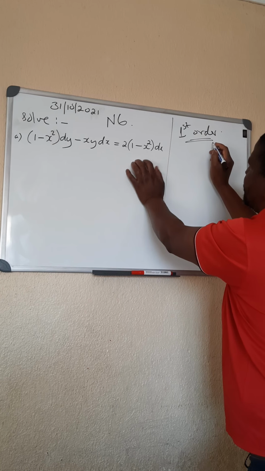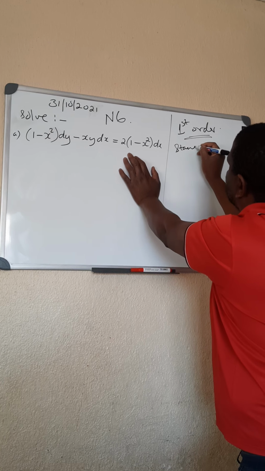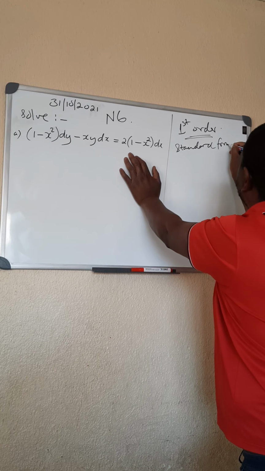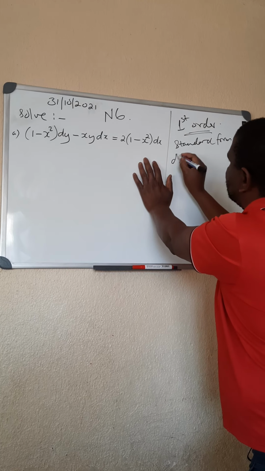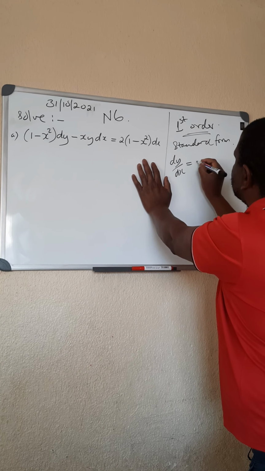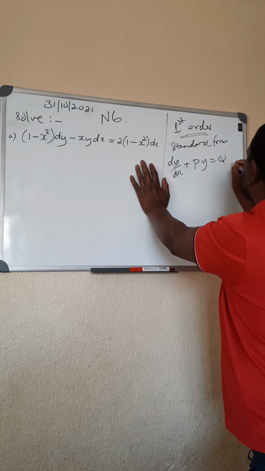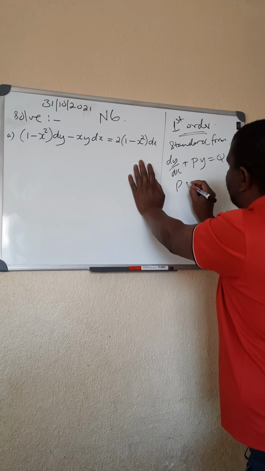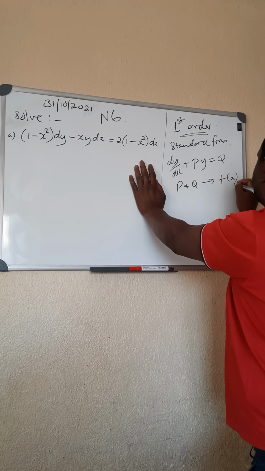Now for first order differential equations, we need to know the standard form that the first order should take. What is the standard form? It is dy/dx plus Py equals Q, where P and Q are functions of x.